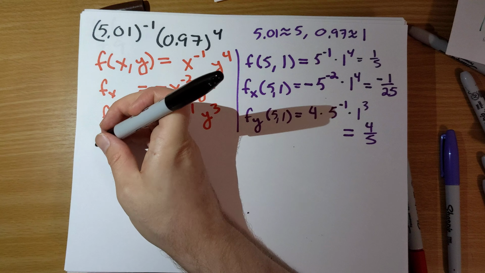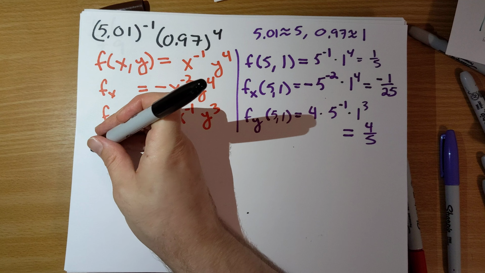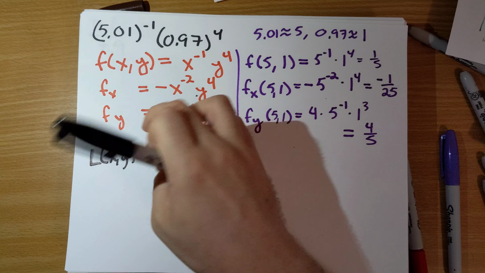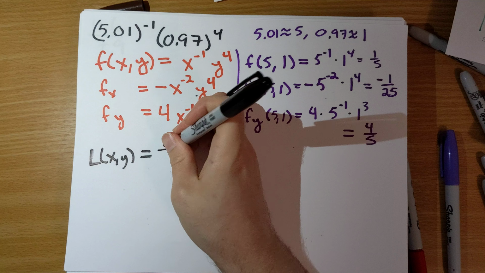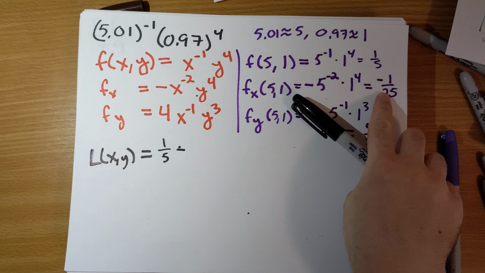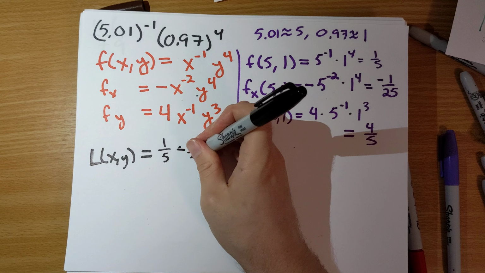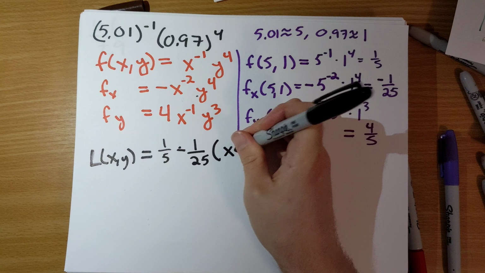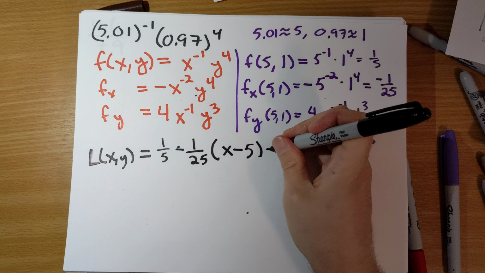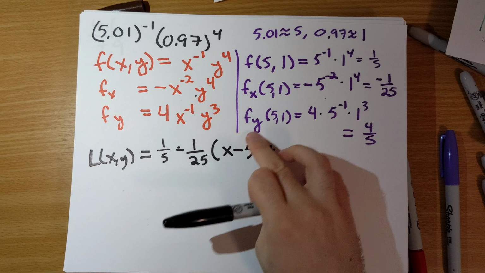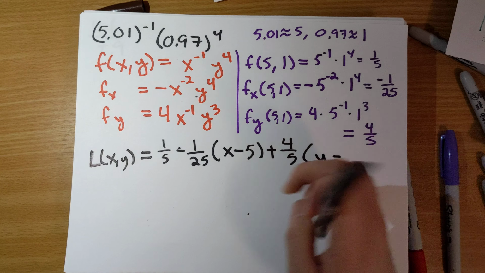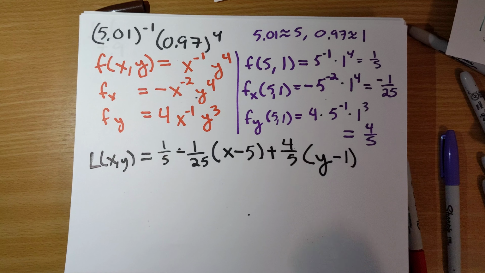So our approximation, L of x, y, is equal to f of 5, 1, 1/5, plus the x partial derivative at 5, 1, so that's minus 1 over 25, times x minus the x value in question here, x minus 5, plus the y partial derivative, 4/5, times y minus the y value in question here, y minus 1.